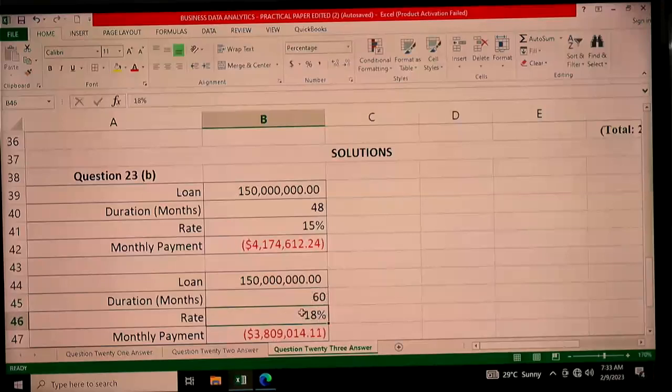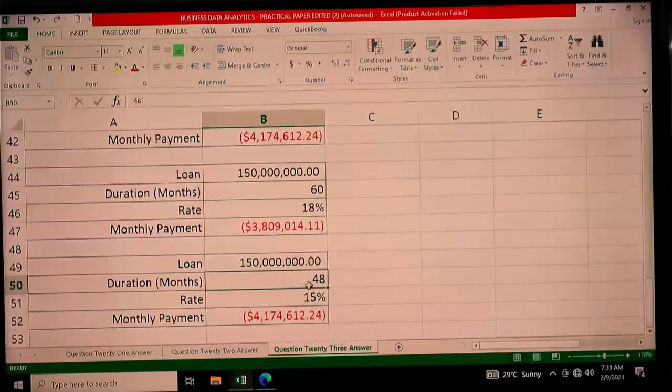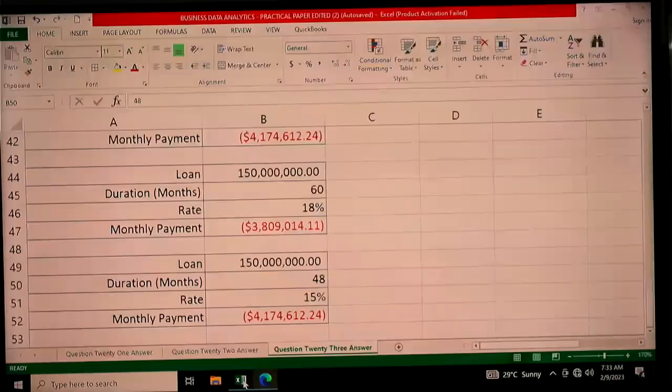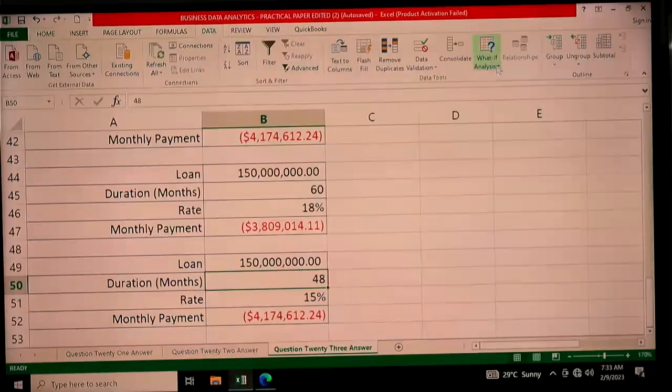But when you do this, you are not actually solving the equation as per expected by CASLET, because CASLET have actually indicated that you are supposed to use a two-way data table. And data table is actually a function in Excel, which we'll come to discuss under the what-if analysis.